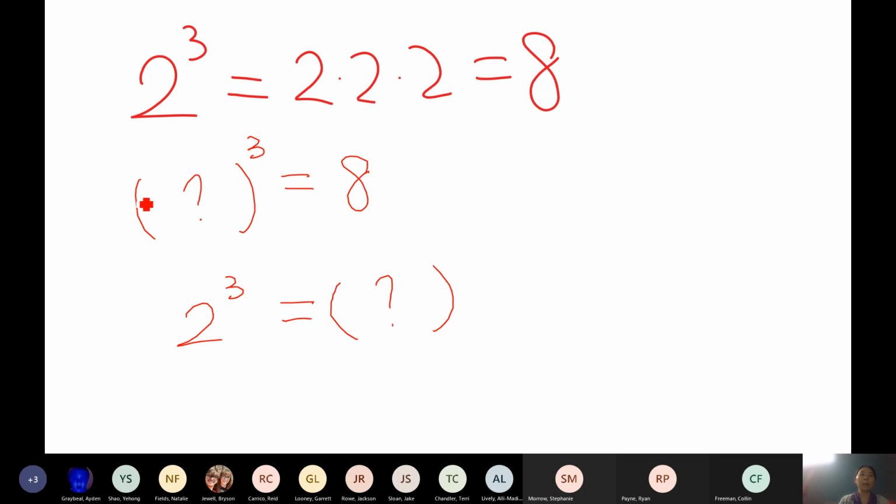But of course, we don't want to write our question this way, always putting a parenthesis and third power equals 8. So instead, we created that symbol. If you are looking for the one number whose third power is 8, we call this number a radical.